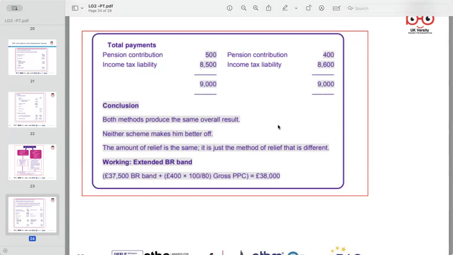First look at total payments: a pension contribution of 500 pounds, and then an income tax liability of 8,500 pounds.